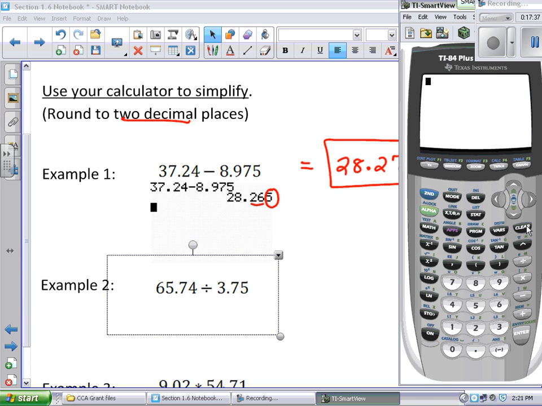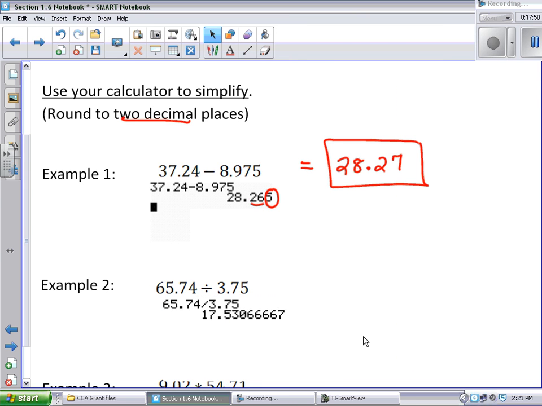Let me clear out my calculator. When I get my answer, again, I need to round that to 2 decimal places. I want to keep 2. I look at the third one, I'm rounding down, so I get 17.53.